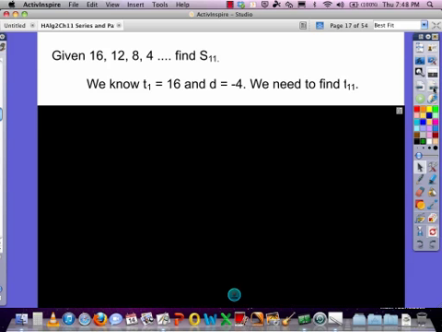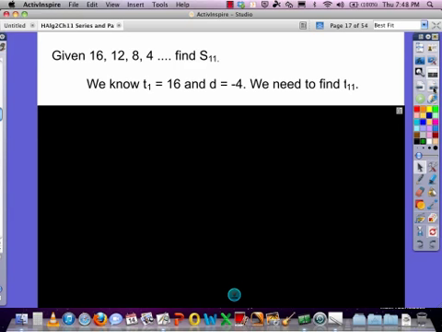So here we go. If I said, given the sequence 16, 12, 8, 4, etc., find the sum of the first 11 terms in this sequence, that's how you want to read it. You want to say find s sub 11, because that doesn't mean find the 11th term. That capital S stands for the sum of the first 11 terms.